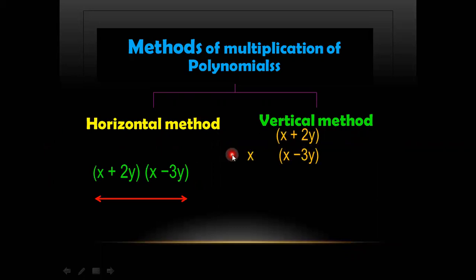And if these two same terms, if we multiply them vertically, means like this, one above the other, they will be multiplied like this. First of all, this x will be multiplied with this x, and the product will be x square, right? And then this x will be multiplied with this 2y, and the product will be plus 2xy.